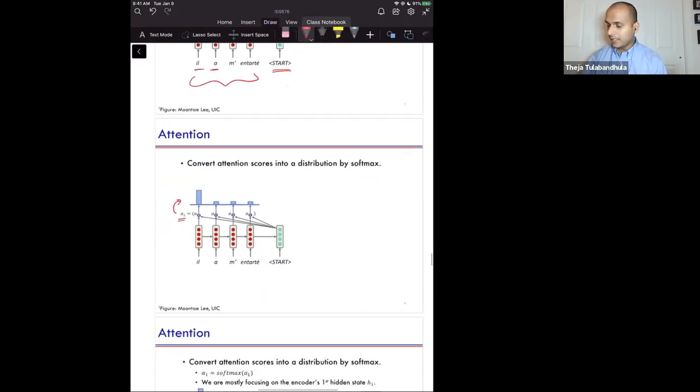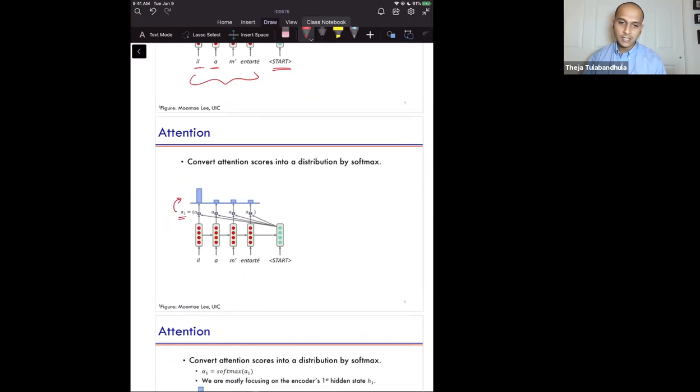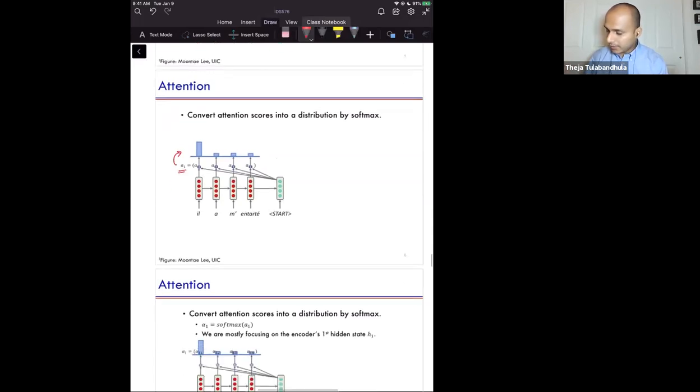The scores could be positive or negative, but the moment you apply a softmax operation, we get a representation called alpha 1, which is a probability vector because the numbers are between 0 and 1 and they sum up to 1.